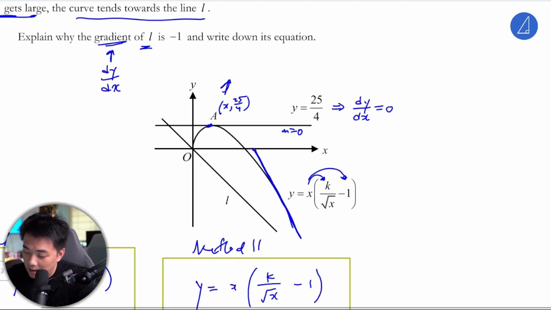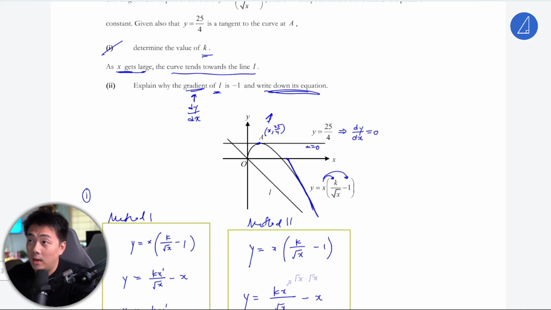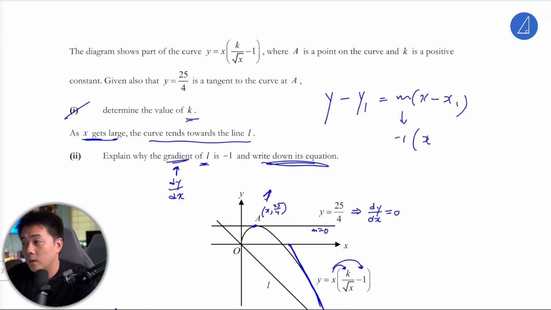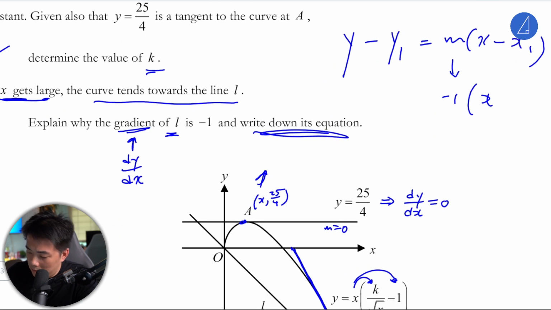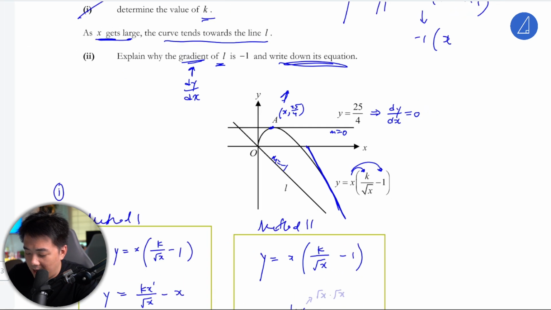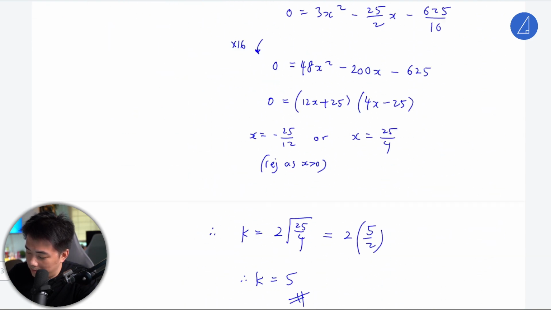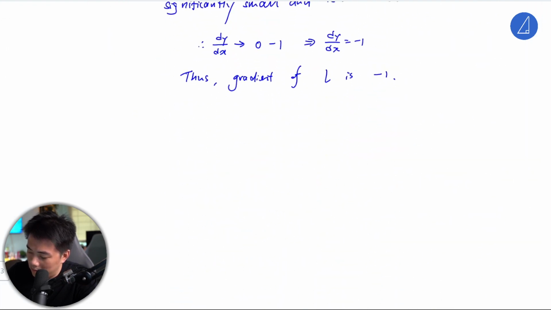The problem now is, write down this equation. Okay, what is this equation here? The equation of L is, if m is -1, then the line L would just be y equals -x, right? So the equation of L is y equals negative x.